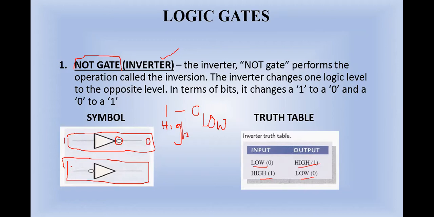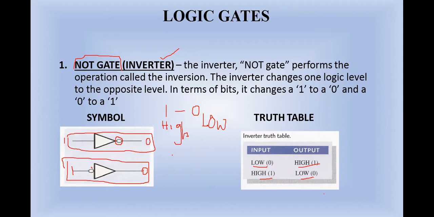Equally there, if you enter a 1 and it passes through that circle, it will bring out a 0. So that is a NOT gate. It's an inverter. When a 0 is entered, the output is a 1. When a 1 is entered, the output is a 0.